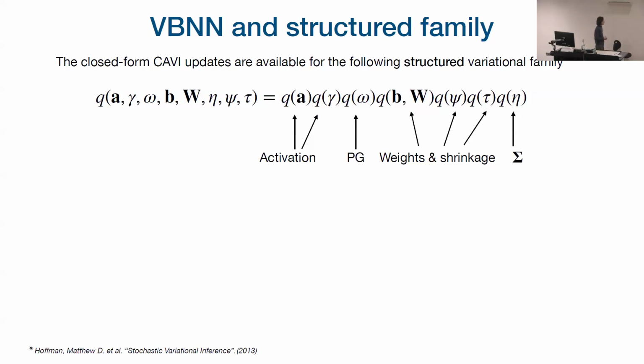The family is going to look like this. We have some level of factorization, but this is still a structured family and not fully factorized, because we don't assume independence across layers, nor do we make any assumptions on the distributional form of each component. The good thing is that closed-form coordinate ascent variational inference updates are available, and we can employ them to infer the posterior.